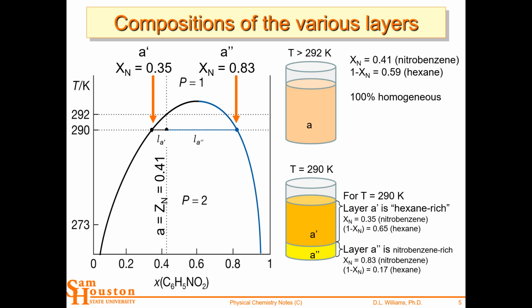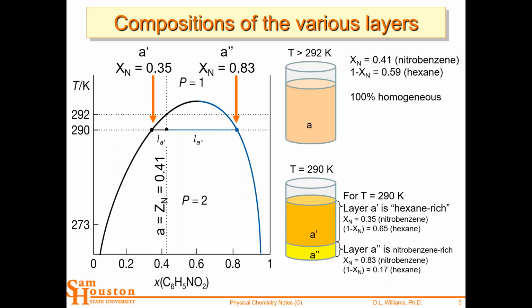For layer A prime, 30% nitrobenzene, but that's just the composition of nitrobenzene in that layer. I'm comparing how much of each layer I have. So look at how much A prime there is. That whole layer is huge, and the nitrobenzene-rich A double prime is very small.